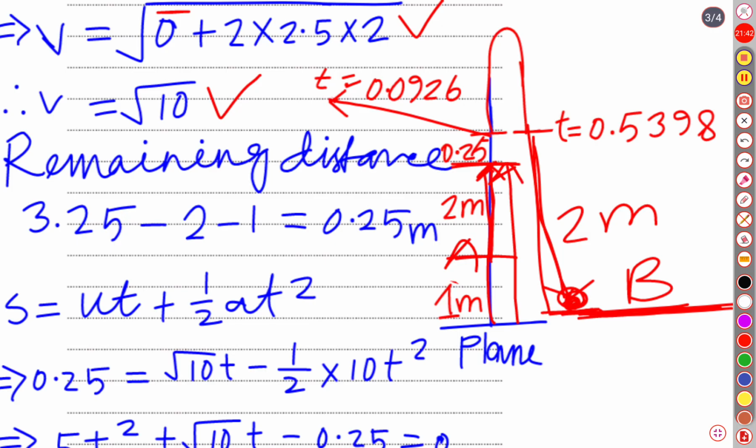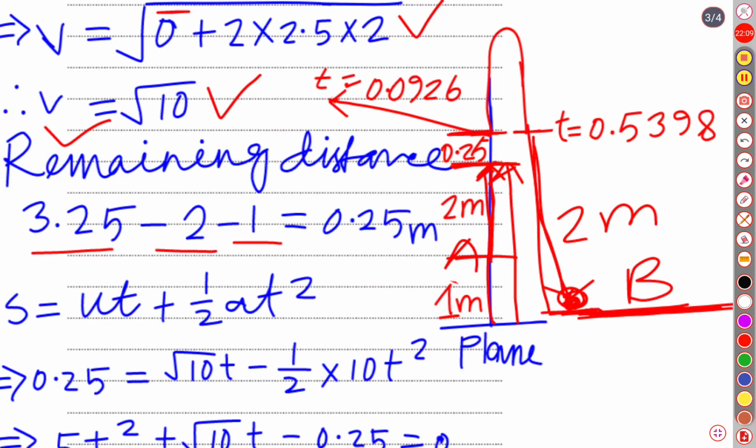How much is remaining to be traveled? 0.25. I have already shown this in the previous part of the solution. So 0.25 meter is to be traveled. The remaining distance I have written here is actually 3.25, from which 1 meter above and 2 meters have already been traveled.